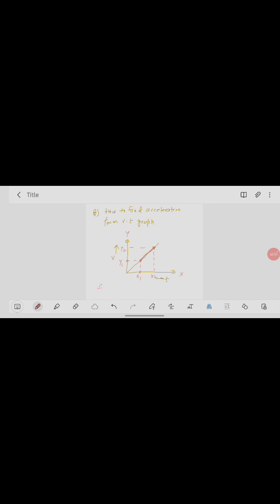So how can you find the slope? y2 minus y1 divided by x2 minus x1, correct? It is actually V2 minus V1 divided by T2 minus T1, correct? This is the same way you can apply and calculate the slope. This will give you the value of acceleration.